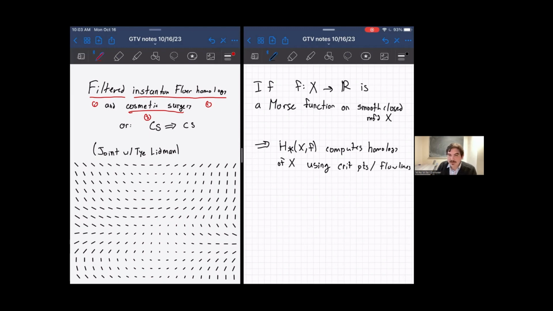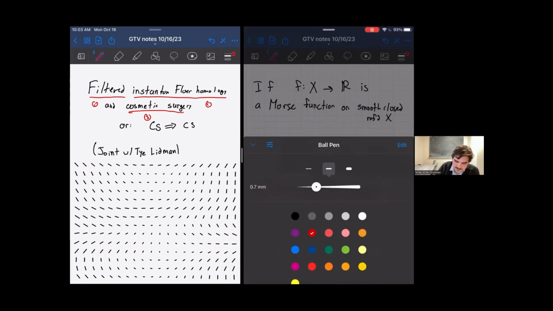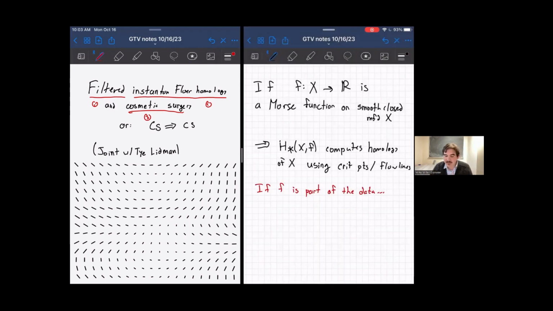in the case that we're interested in today, it's not just the smooth manifold that we care about. Instead of just picking a smooth function and using that in an auxiliary way to construct a complex and compute homology, in the situation we're going to look at, we have a space with a canonical function on it.